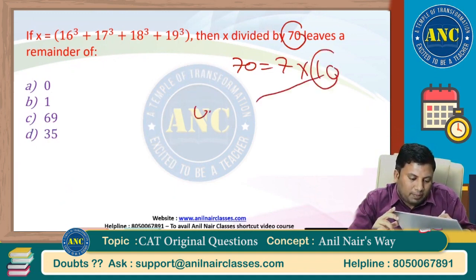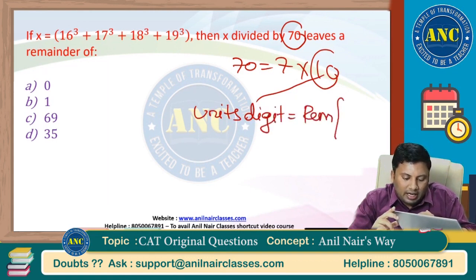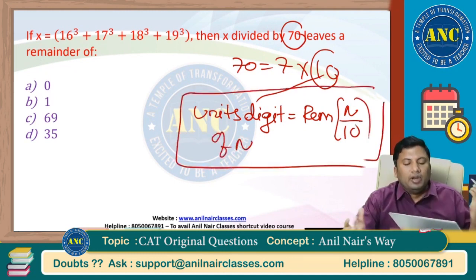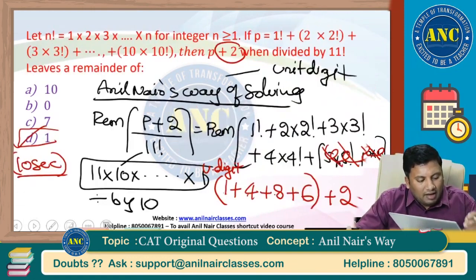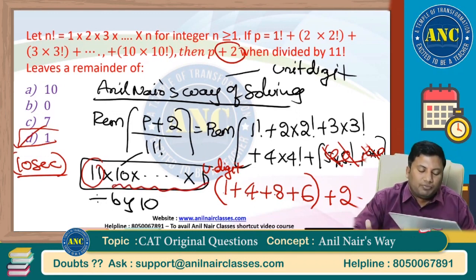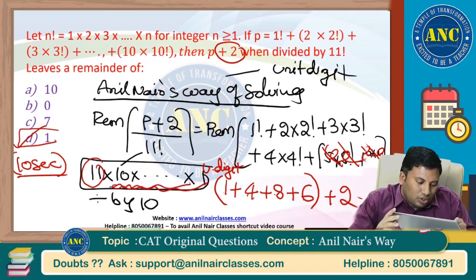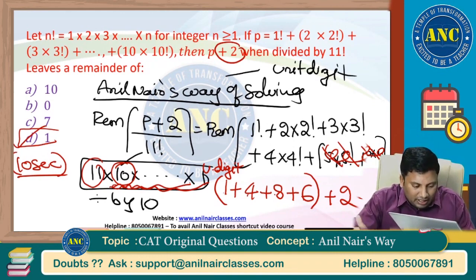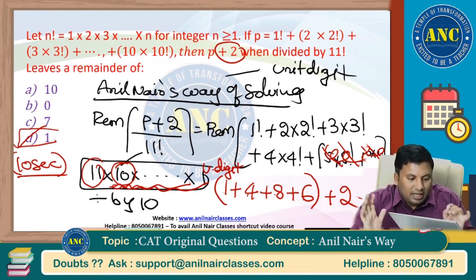So I just played around with the unit digit. Unit digit is nothing but the remainder when you divide a number by 10. 11 factorial is 11 into something, 11 into 10 into something, so 10 into something. Are you all with me? 10 into something, so 10 means unit digit.